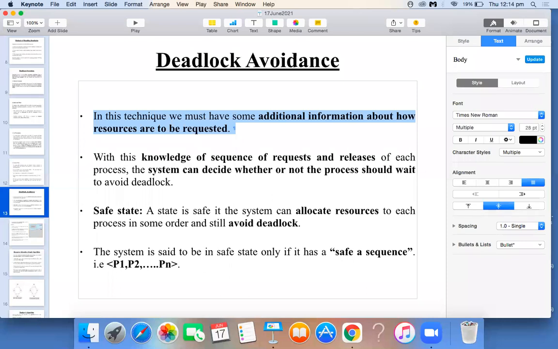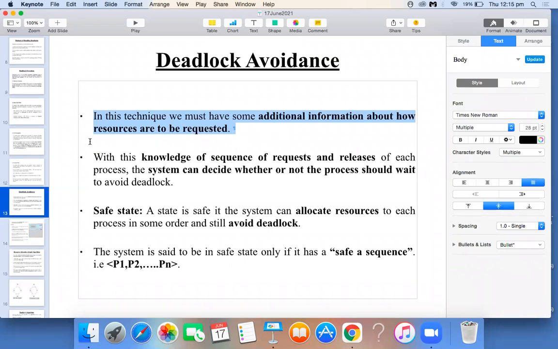So in the deadlock avoidance technique we will have some additional information regarding how the resources are being requested. When a process requests a resource, we will be predicting these things in advance. The main intention is to avoid the deadlock, so to avoid deadlock in future, we have to use this additional information.